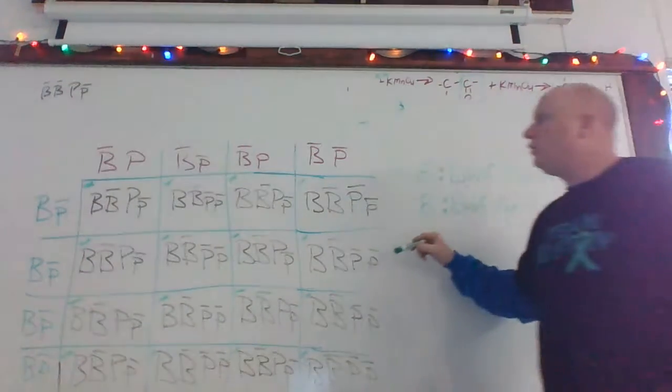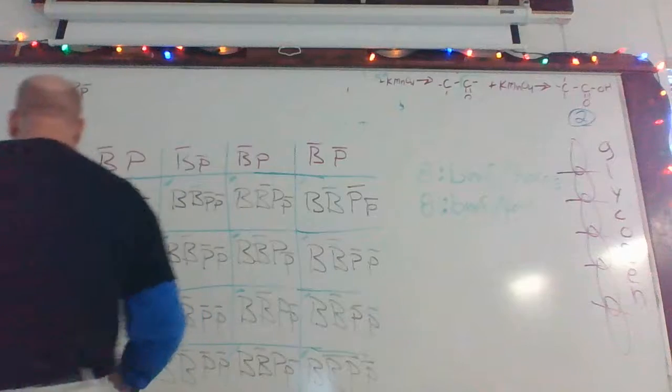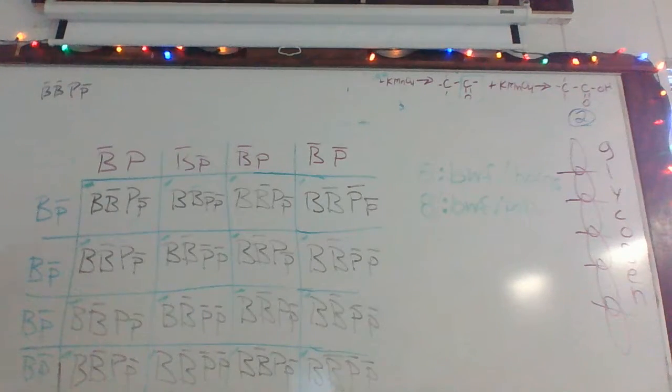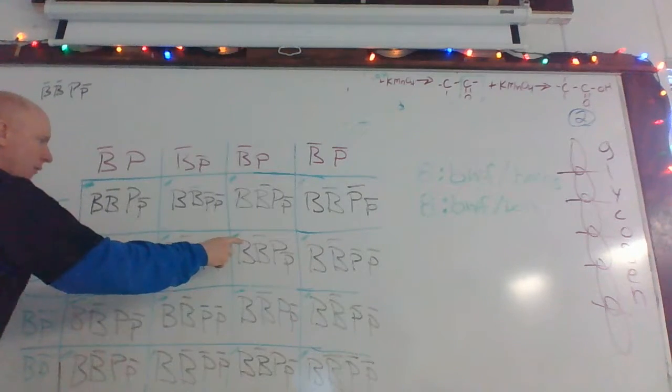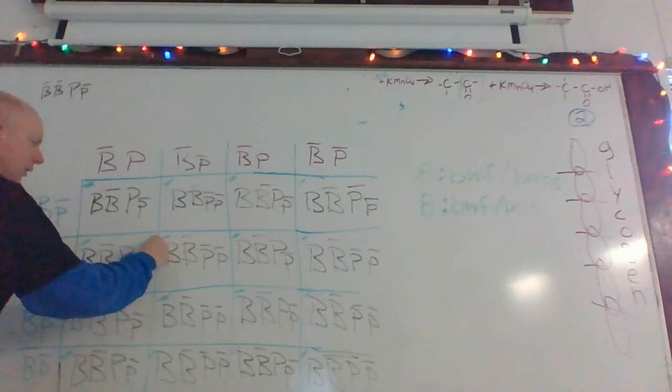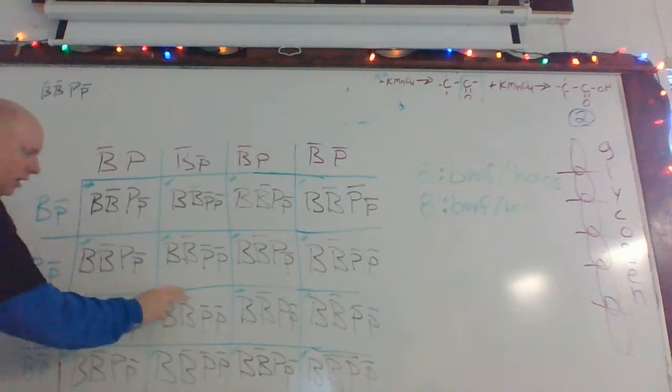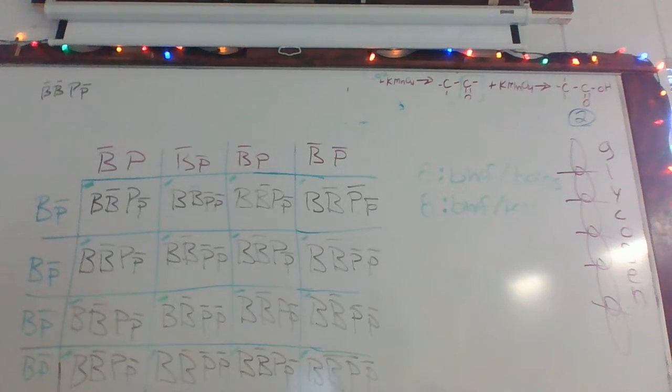Again, 2 capital B's with no lines is an Angus. 2 capital B's with 2 lines over the top is going to be a red-white face. And then 2 capital B's with only 1 line over the top is going to be a black-white face. So again, don't get these squiggle marks mixed up with your codominant cross. So we will pick up with this again at a later time.